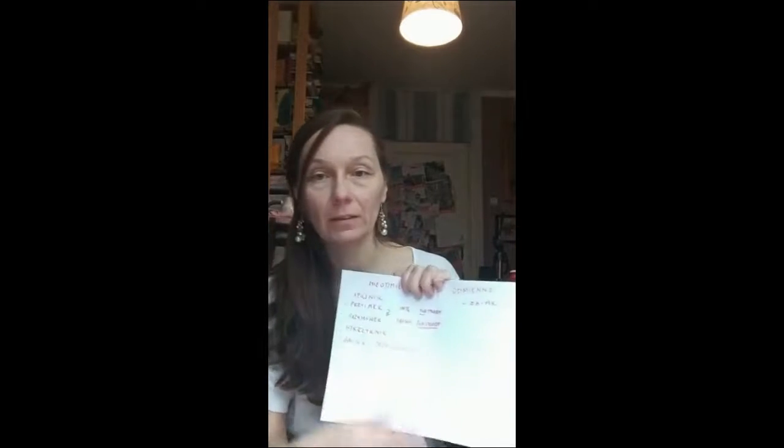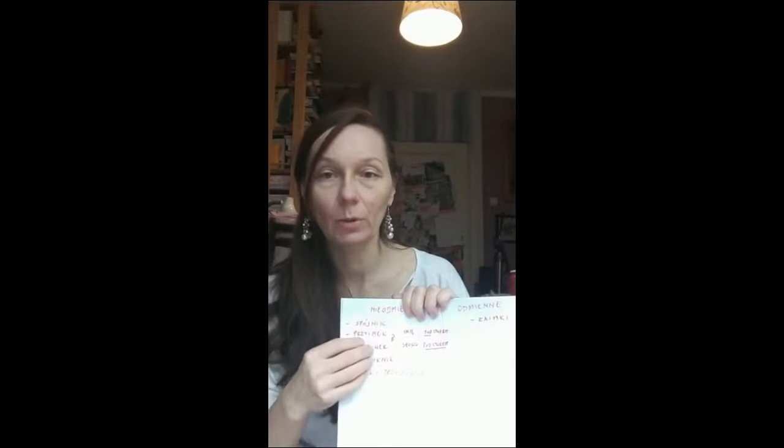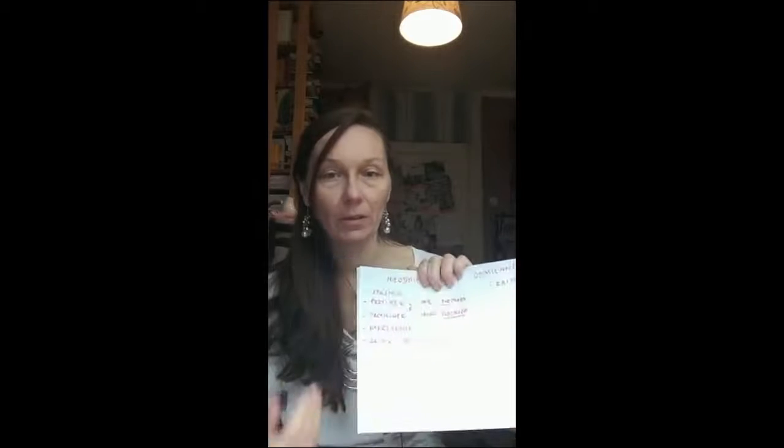There is one type of pronoun that cannot be declined, and there is also the adverb, but I'm not going to talk about adverbs. Adverbs are a little similar to prepositions, but they are longer, and I will talk about them maybe in another video. Let's talk about really short words.